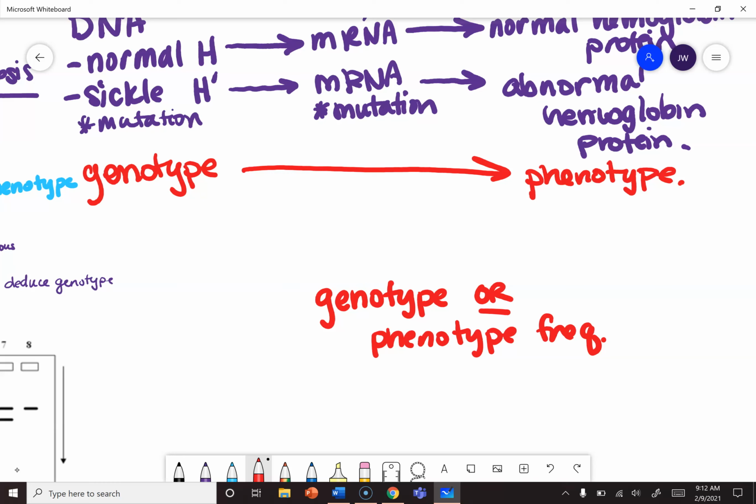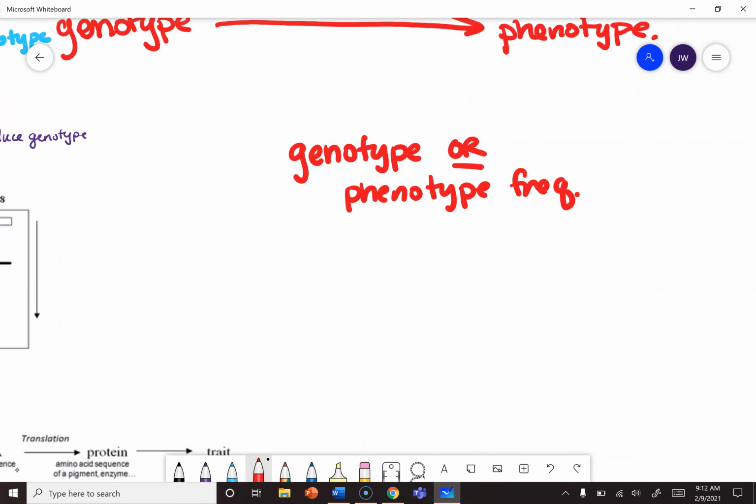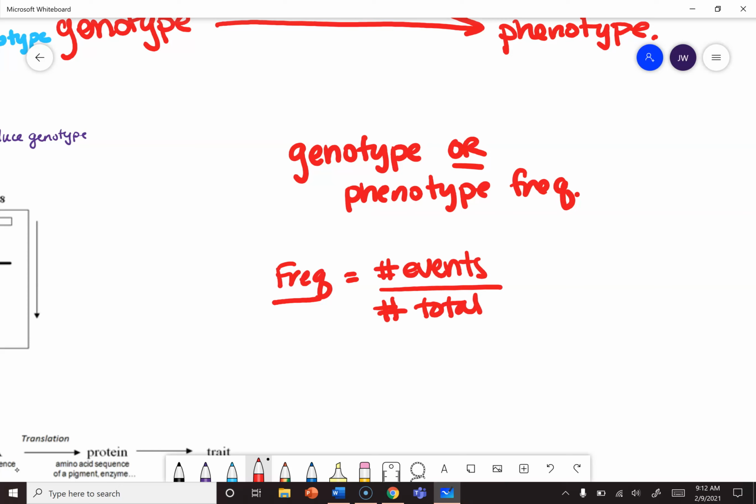In exercises 4.1 and 4.2, you're going to look at gels and determine the genotype or the phenotype. There is more information in your lab manual, but in general, to determine a frequency, you're going to take the number of events divided by the total number.